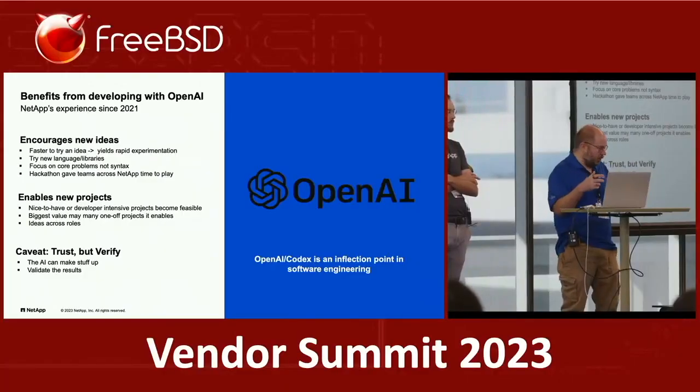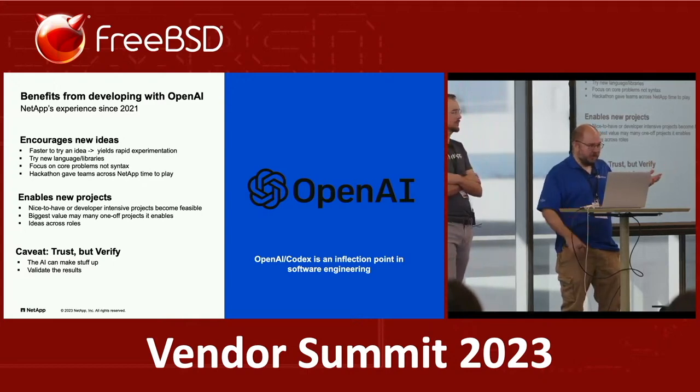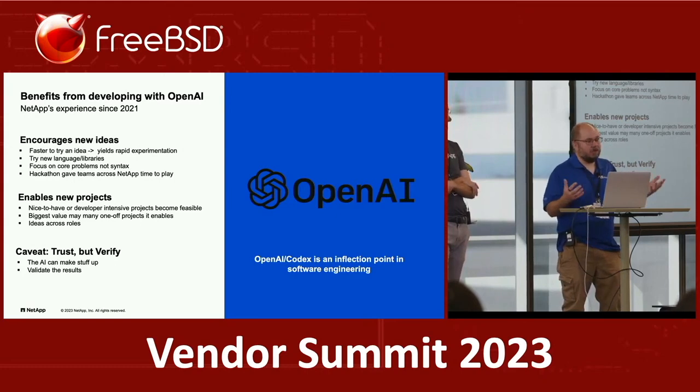You might think, I want to translate this from Perl to Python, but that'll take me two weeks and I don't have the time. But if I could knock it out in a weekend or an afternoon, and it doesn't have to be perfect but proves the point, all of a sudden that's a new area where people say, I want to spend some time in it.